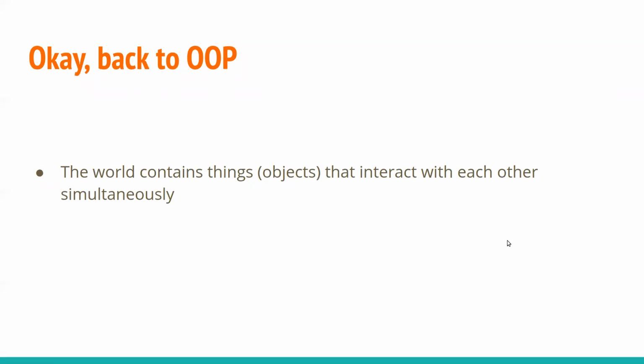So we now know how to create objects, and we can give those objects behaviors and attributes. We can create objects pretty well using the ideas of OOP that we have already learned. But what about the point of interacting with each other simultaneously? We haven't yet explored the simultaneous action.